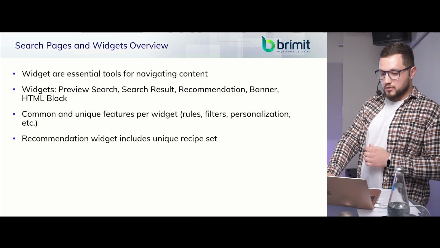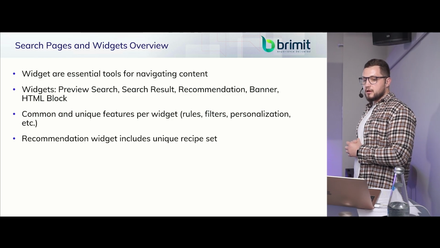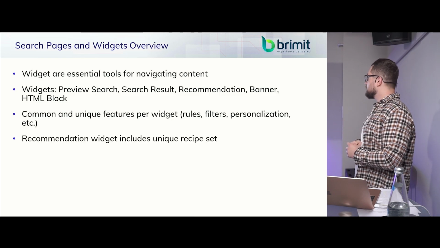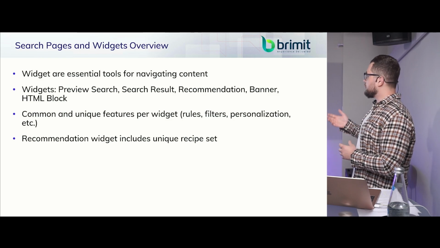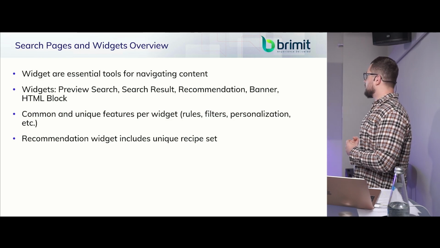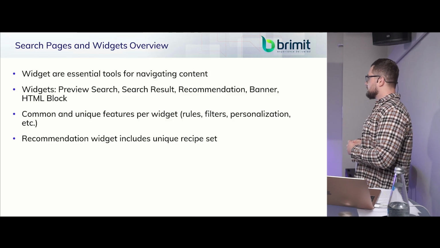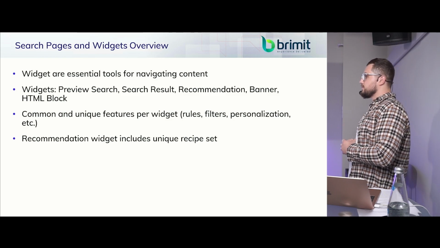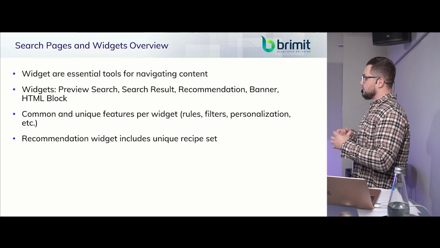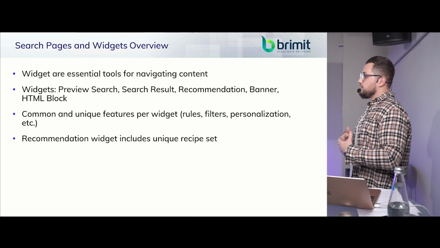And of course, we have some unique features. For example, in the recommendation widget, we have a recipe set. What is a recipe set? It is some rules, and also it is like filters.